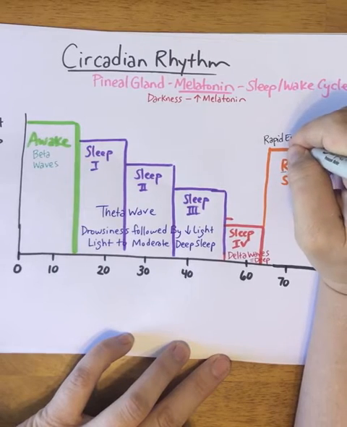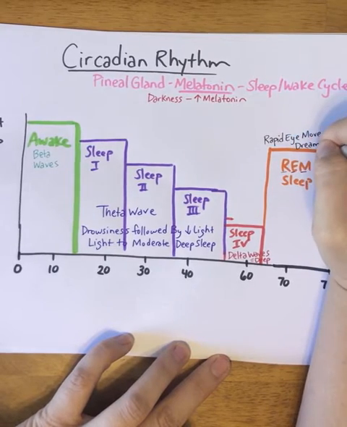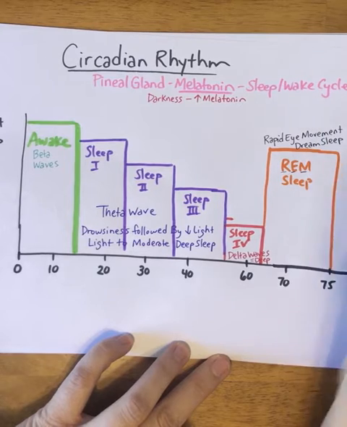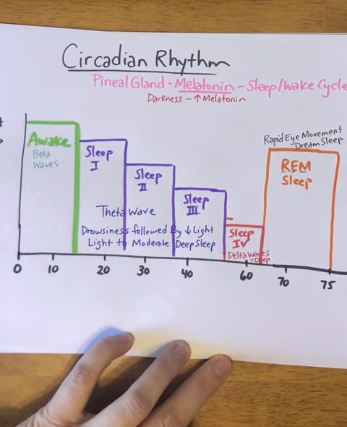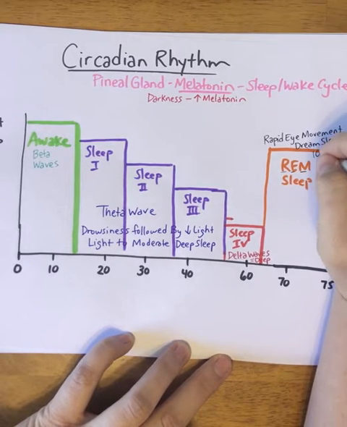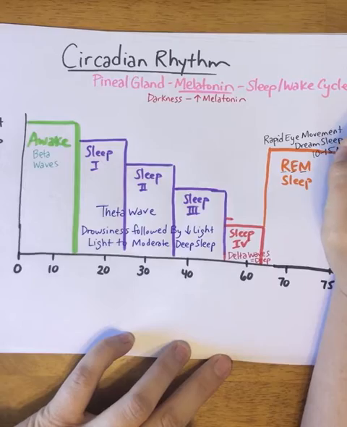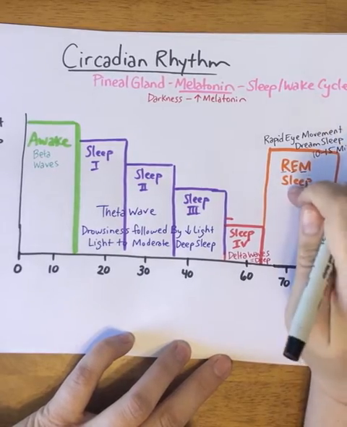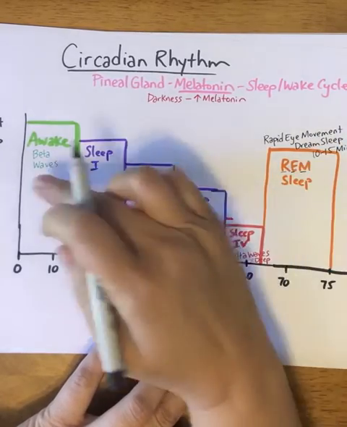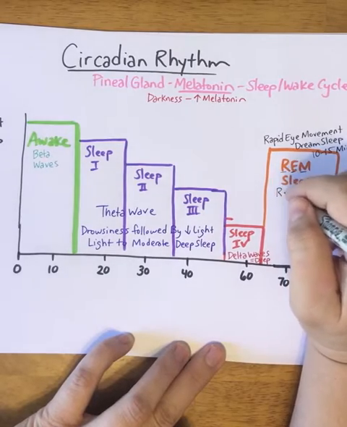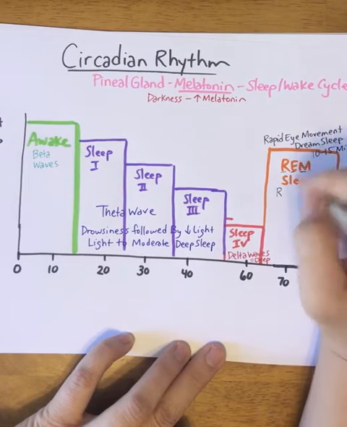This is your dream sleep. Your dream sleep is going to be 10 to 15 minutes. The waves that you see are not beta waves, but they resemble them. So it's almost like you're awake because you're dreaming.